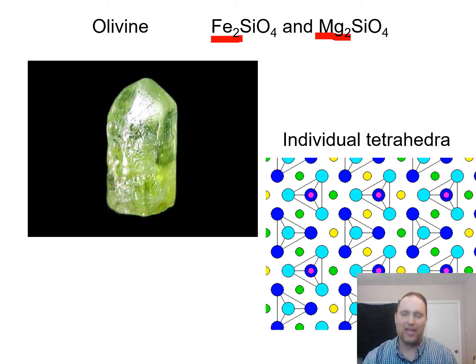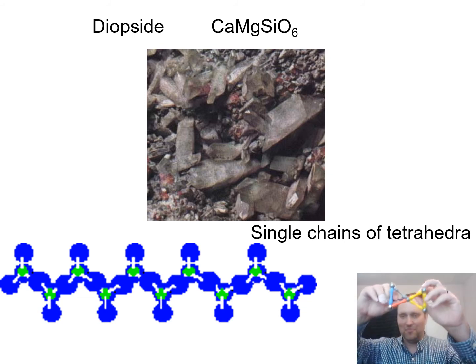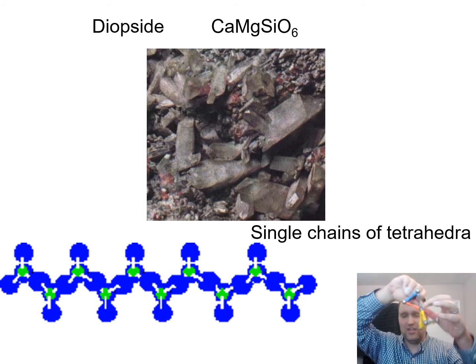So we go from having isolated tetrahedra in the case of olivine to starting to form chains, which is what we see for pyroxenes. What we do is combine them by sharing an oxygen at the corners of these tetrahedra.